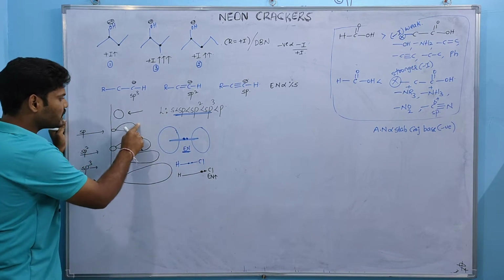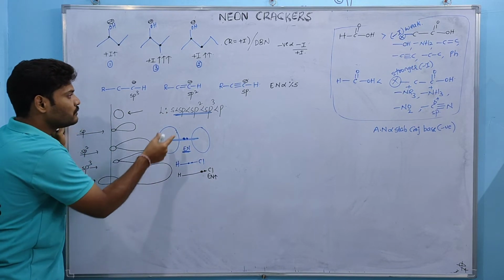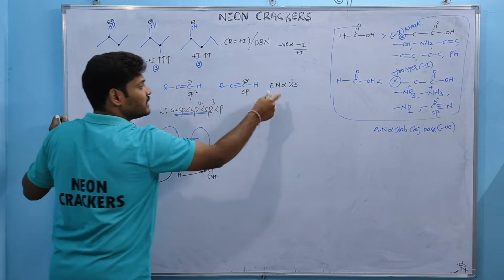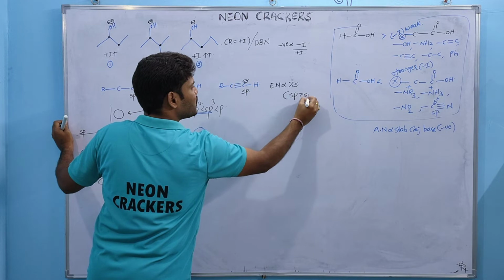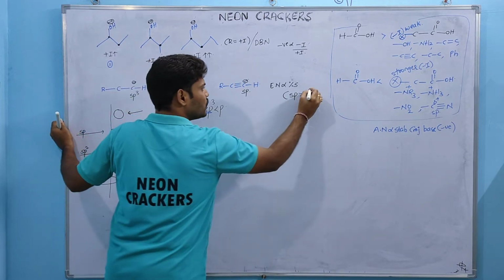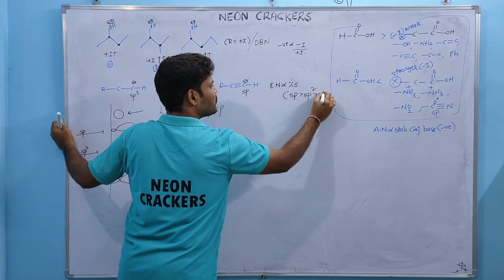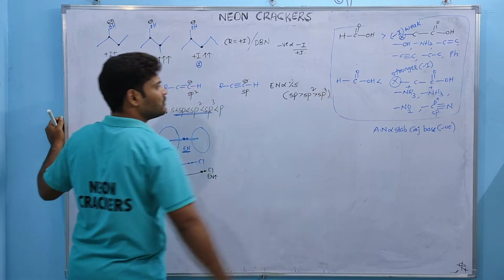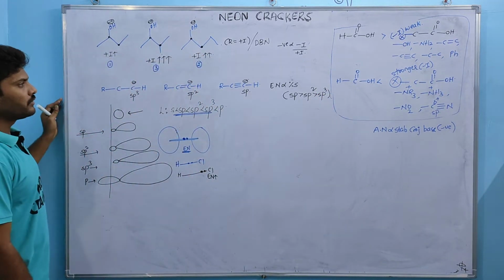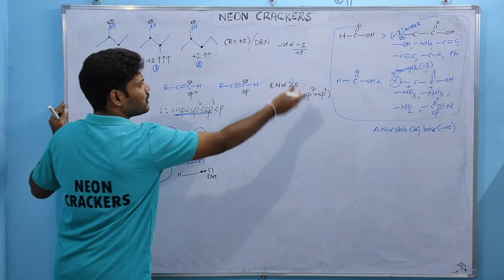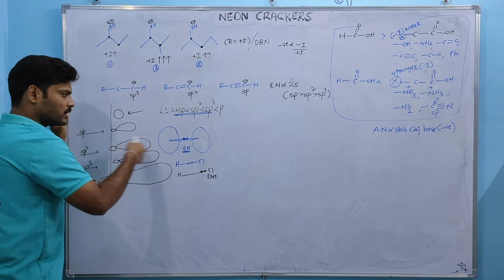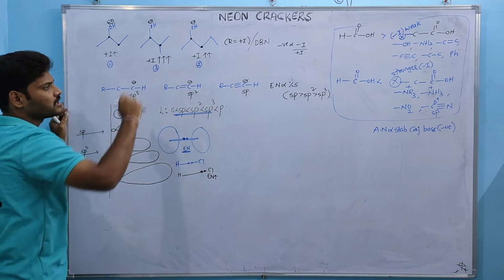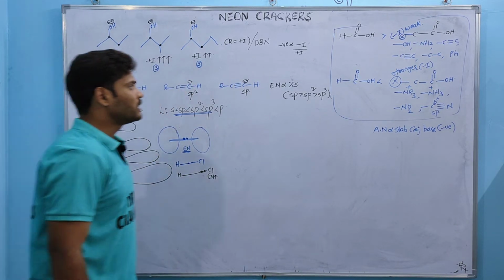That's why among sp, sp2 and sp3, the sp orbital has more electronegativity than sp2, and sp2 has more electronegativity than sp3. So this is the order of electronegativity, based on s character and more penetrating capacity, so it is polarized towards the nucleus and has a higher electronegativity value.